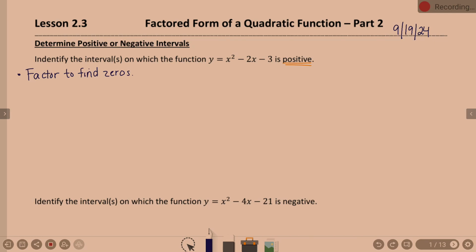After zeros I can put x-intercepts, and that's where the graph turns from positive to negative and vice versa.